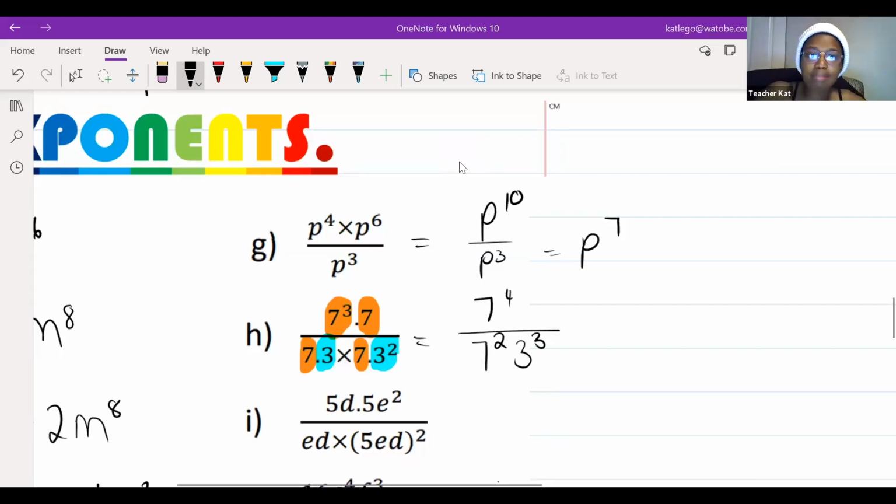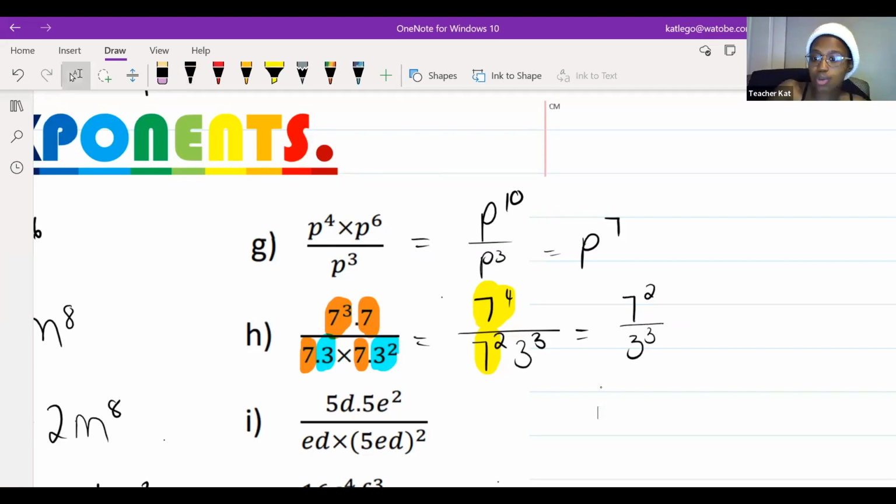We still have the same base of 7 in the numerator and denominator. So this is a two-step one, right? So now what will my final answer be? Jasmine says 7 to the power of 2 and the 3 to the power of 3 divided by 3 to the power of 3. Yes, Jasmine. Thank you very much.